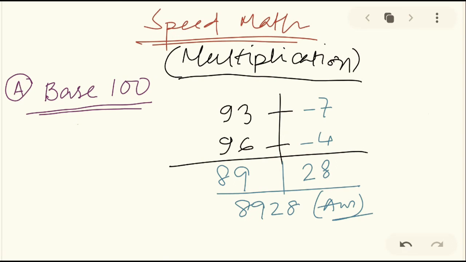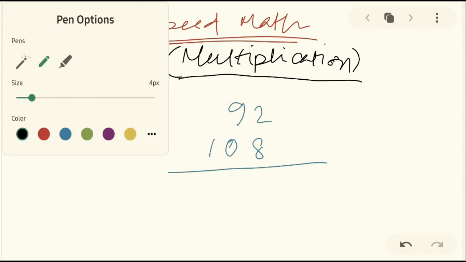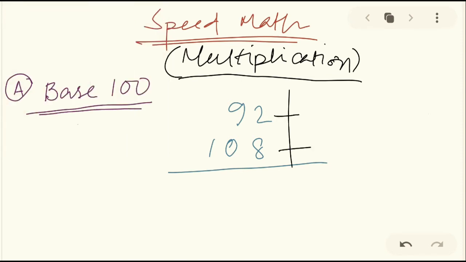Now there is no problem while we are having this number as a positive. Now we'll see when this number comes as a negative. Let's say one number is 92 and another number is 108. In this case, this value is minus 8 and this value is plus 8.